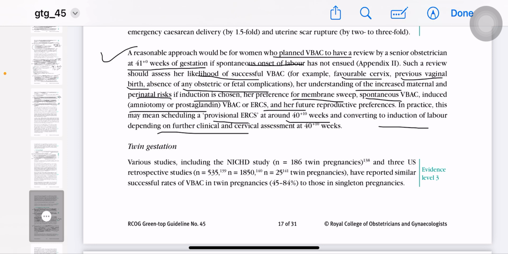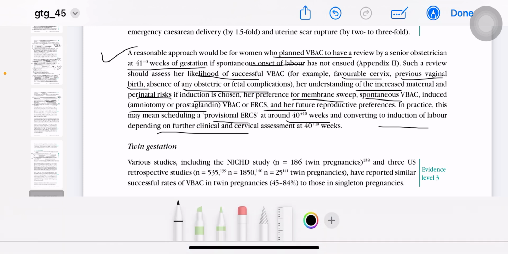So if you are planning for vaginal birth after cesarean, and she is more than 40, at least 40 plus 6 weeks, in that case you will check the patient for any other complication. So you will do a membrane sweep.